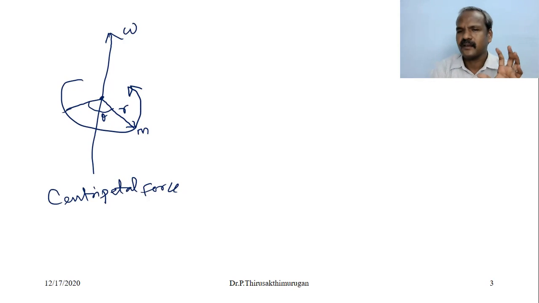Then just imagine a sphere rotating like Earth, rotating about its center with an angular velocity omega.